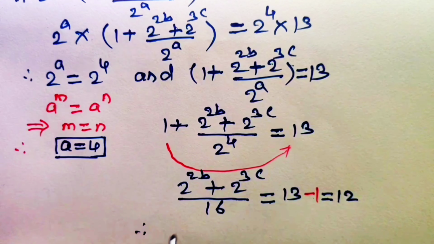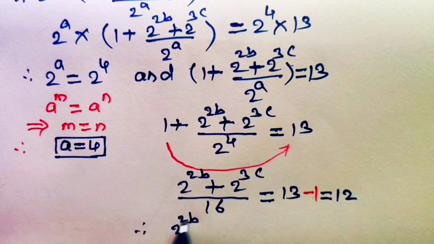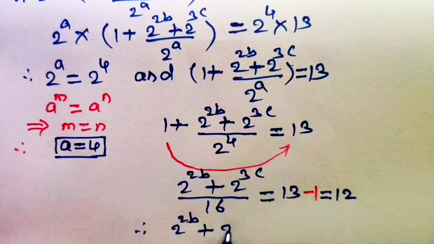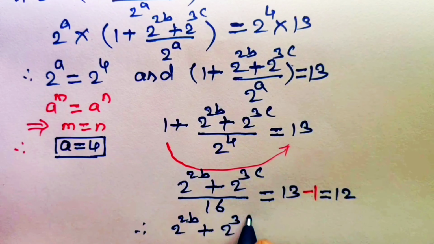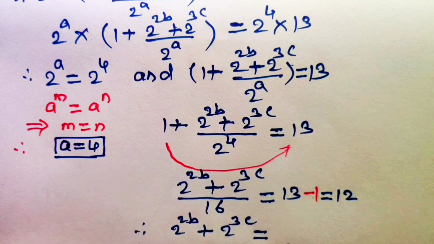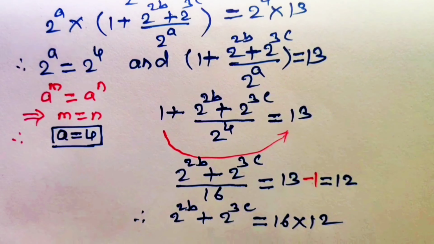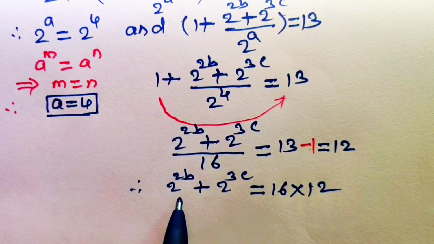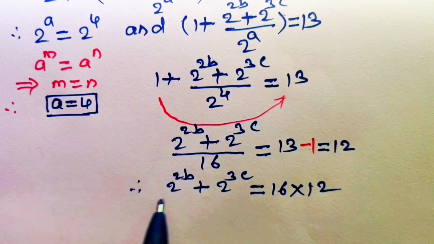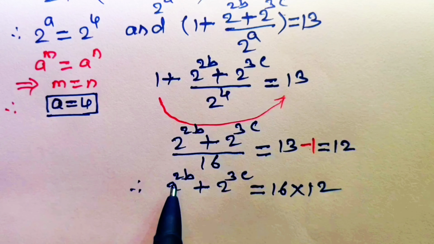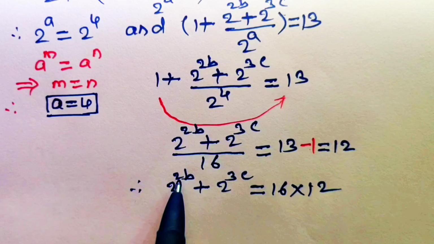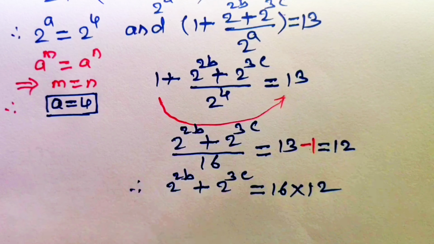Hence 2 to the power 2b plus 2 to the power 3c is equal to, taking 16 on the right hand side, that becomes 16 into 12. Divide and multiply the left hand side of this by 2 to the power 2b, or you can take 2 to the power 2b common from the left hand side.